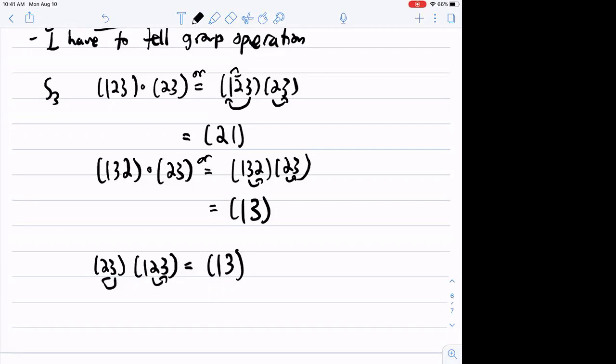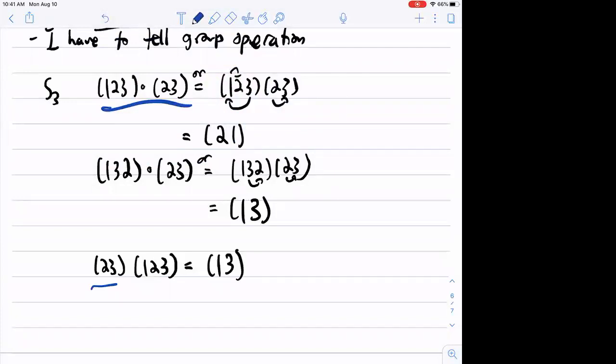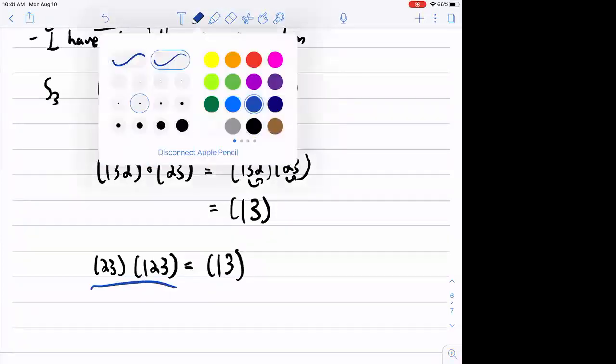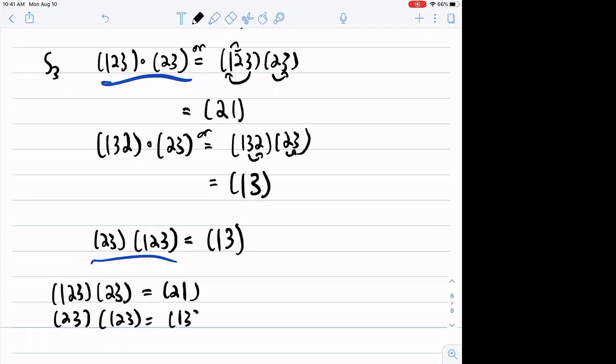So what do you notice? Can anyone tell me? What did I just compute here and here? So I took the element (1 2 3), I did the group operation with (2 3), and I got (2 1). I reversed it, and I got (1 3).